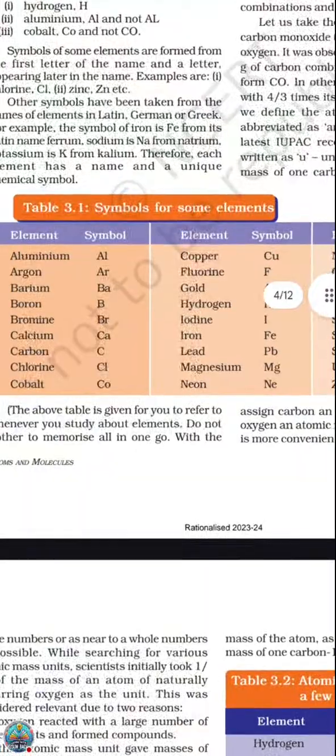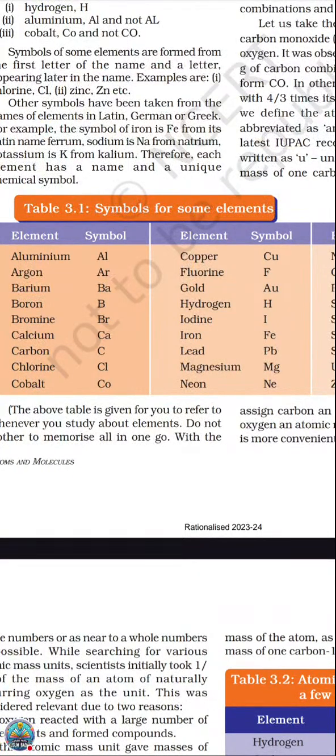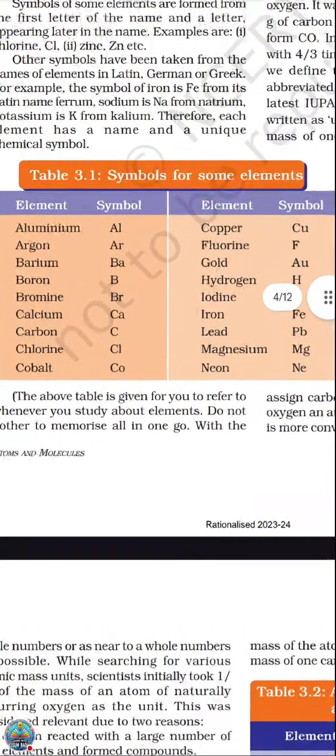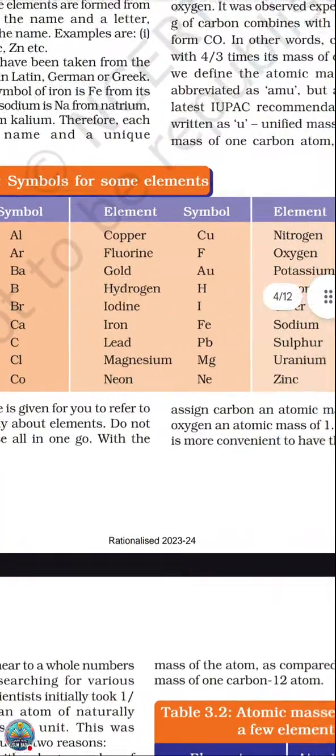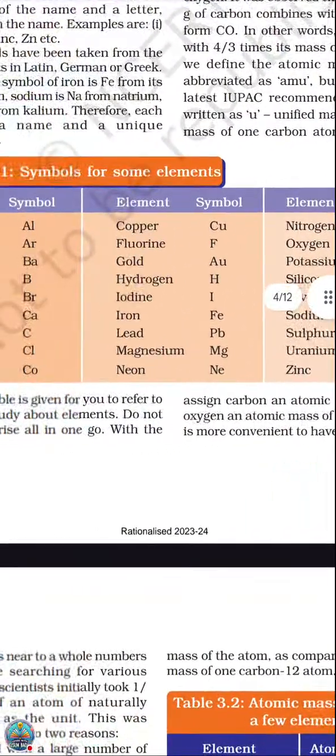First you need to memorize this. Do you know all this? Aluminium, Al, argon, Ar, barium, Ba, boron, B. Do you know all these names and their symbols? If you know all this, so this could be one of the parts of the chapter.